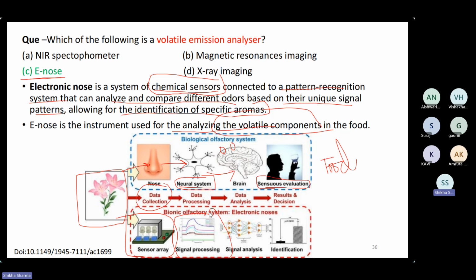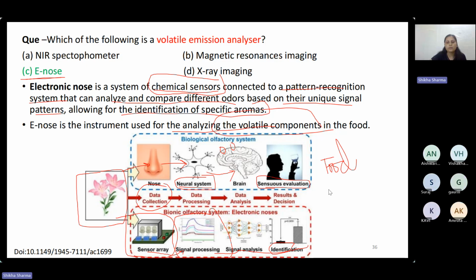These sensors will generate some electronic signals which will be processed and analyzed, and finally the identification of the compound is done. So this is how the electronic nose is going to function. So this is the process.